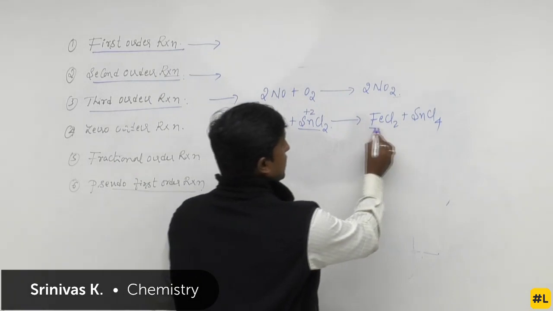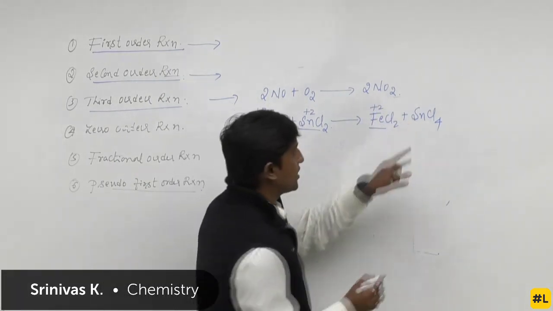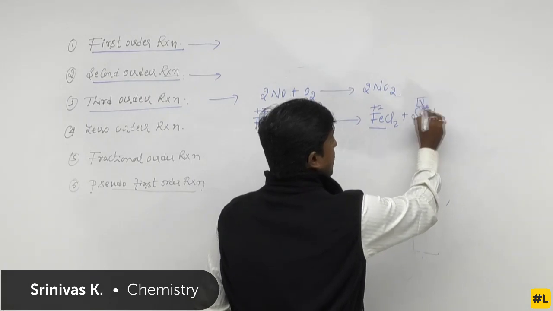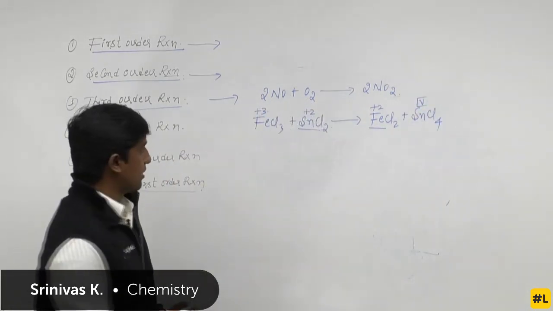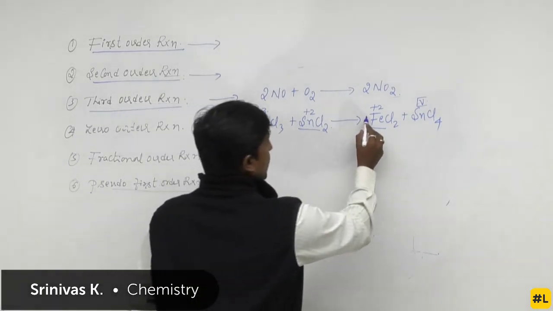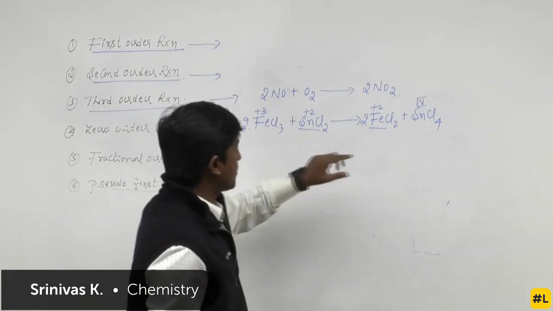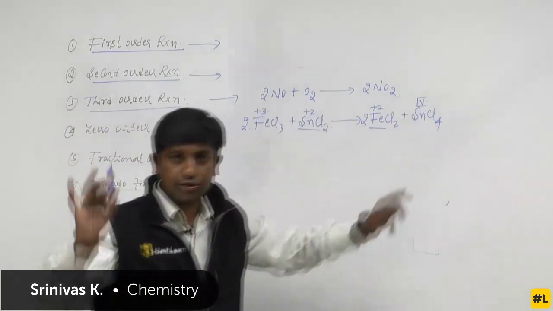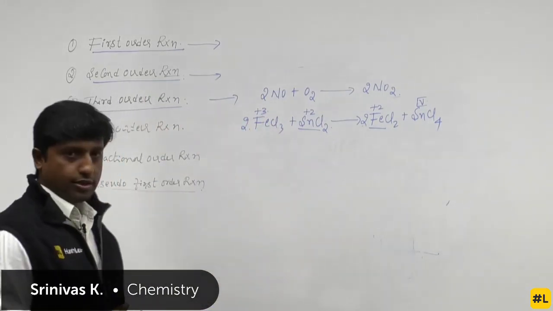Here the oxidation state of iron is +2, hence it is called ferrous. Here the oxidation state of tin is +4, hence it is called stannic. So this is the reaction I have taken. To balance the equation, I take 2 molecules of ferric chloride, and add 2 here. So 2 3s are 6, 6 plus 2 is 8, 2 2s are 4, yes, the equation is totally balanced. These two are examples of third order reaction.